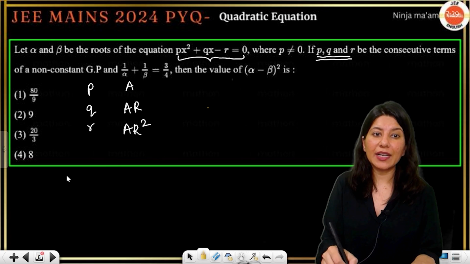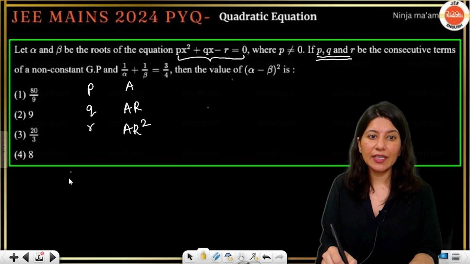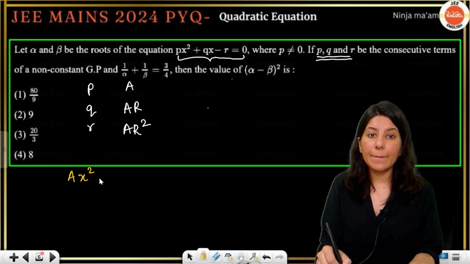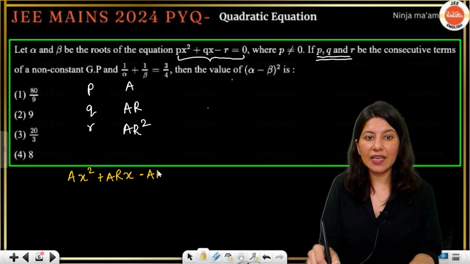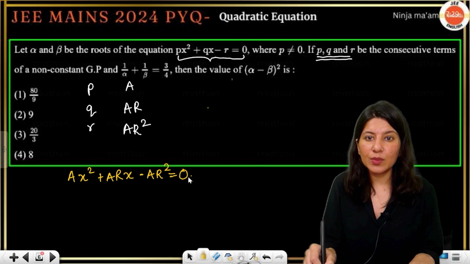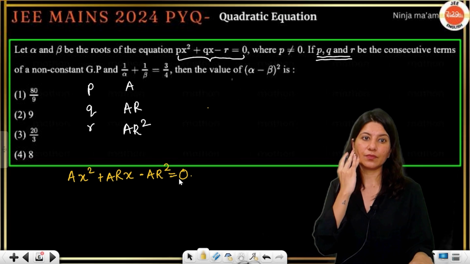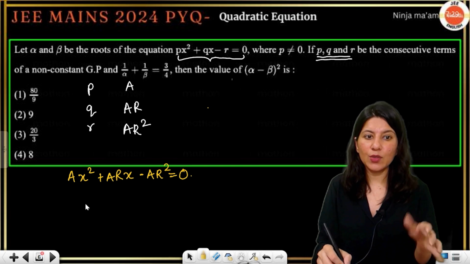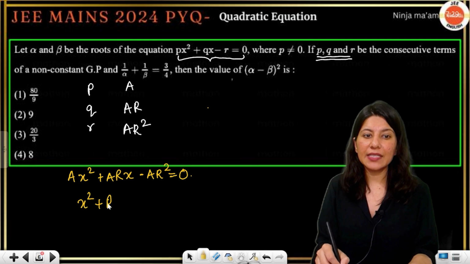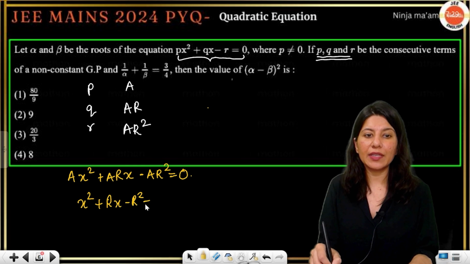So now my quadratic equation will be AX square plus ARX minus AR square equals 0. Okay, and A is gone, you can cancel it: x square plus Rx minus R square equals 0.